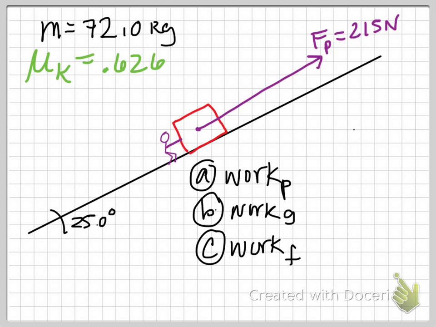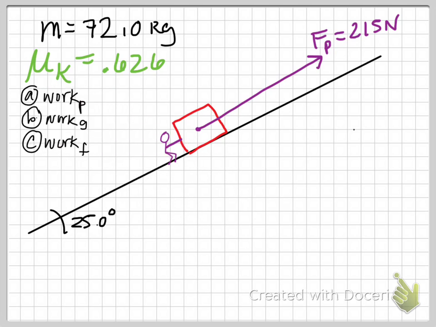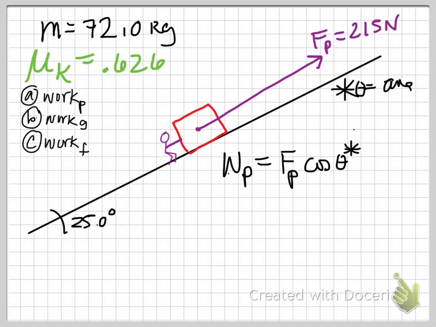Which one of these can we do without any further calculations, without having to figure anything out? A. So part A, work of the pusher equals force of the pusher times cosine theta, and I'm going to put my little asterisk here, where theta equals the angle between force and movement.